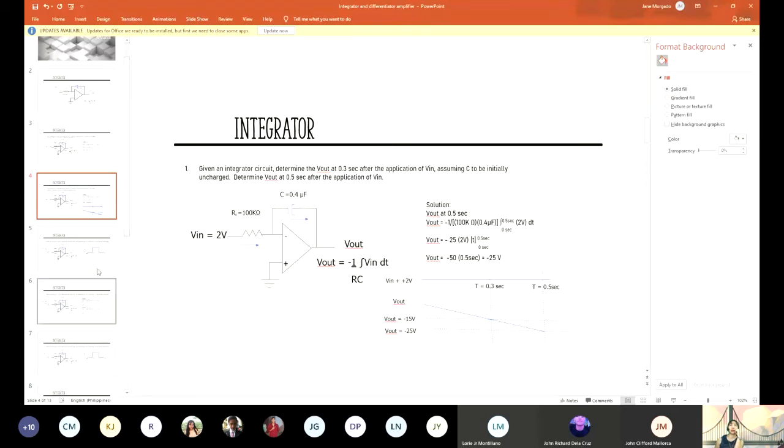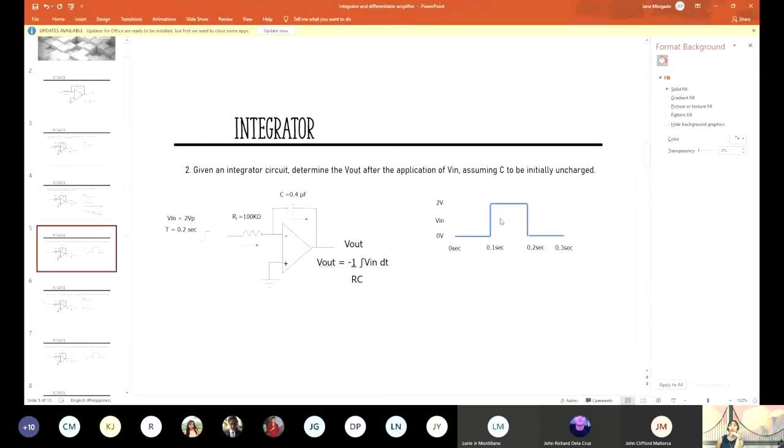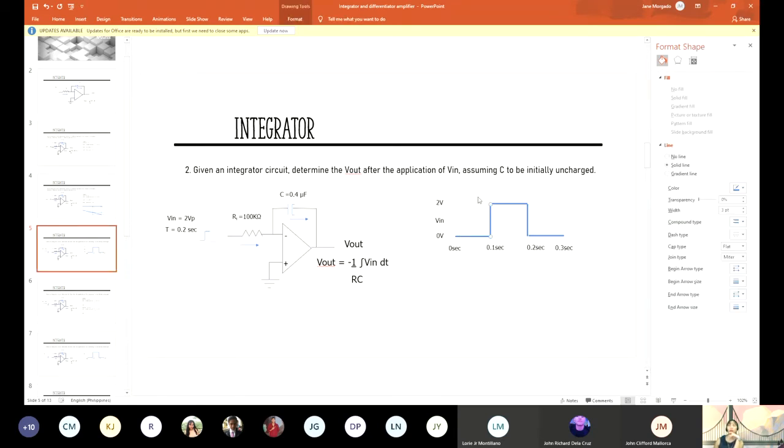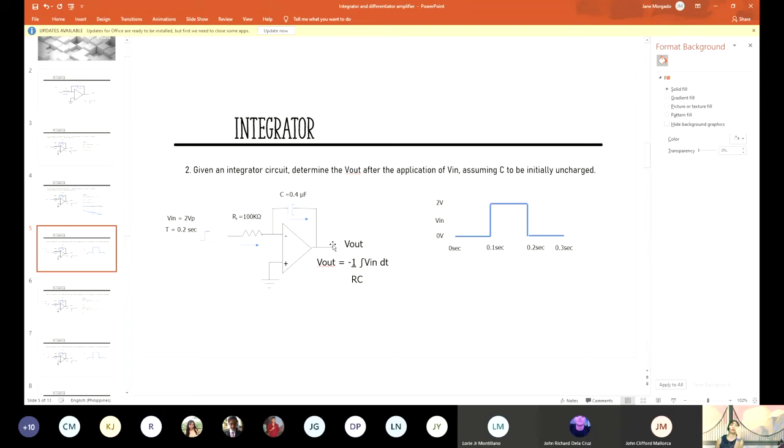Okay, so that's application of integrator if you have a DC input. Okay, but usual application of integrator is with AC, particularly changing the square waveform to another waveform. Okay, so we have a DC circuit here, square wave.